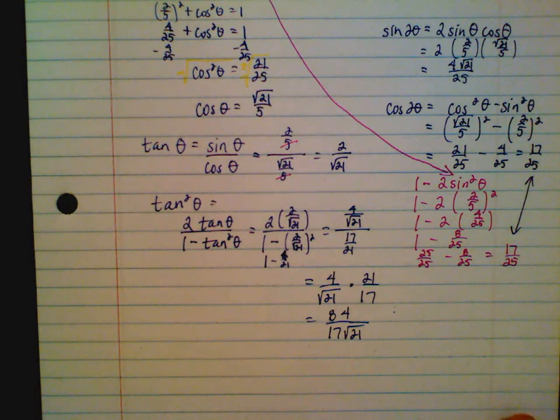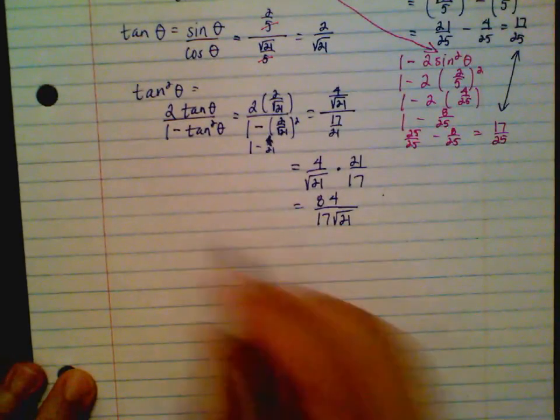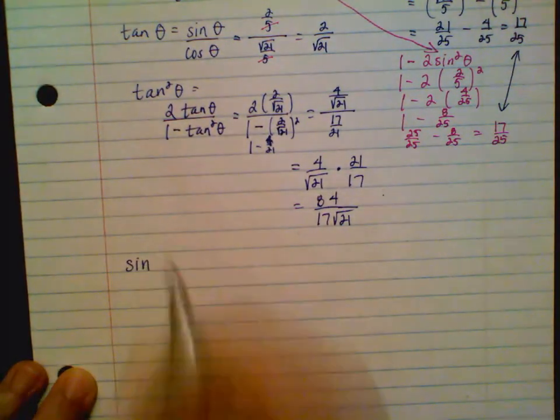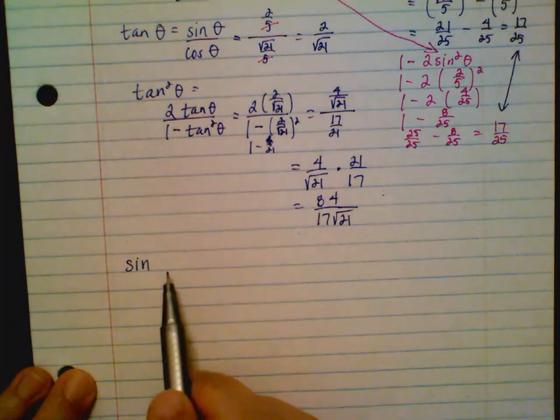So you would use that for, if I ask you to find, where would I use things like this? Well, let's say I want to know the sine of, well, that wouldn't work.